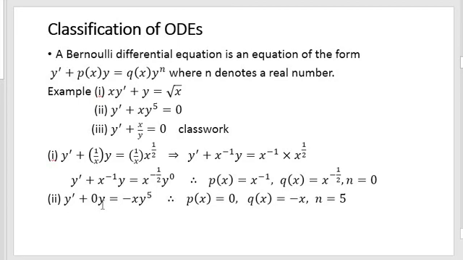This equation 2, y prime plus x y to the power 5 equals 0, can be written as a Bernoulli equation in the form y prime plus 0y is equal to minus x y to the power 5, which therefore implies that p(x) is equal to 0, q(x) is equal to minus x, and in place of n we have 5.